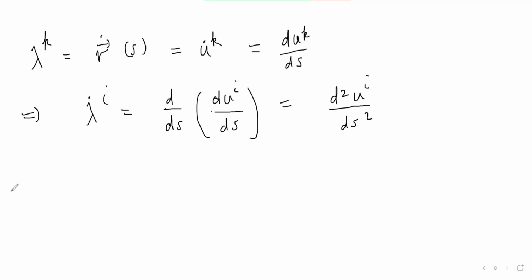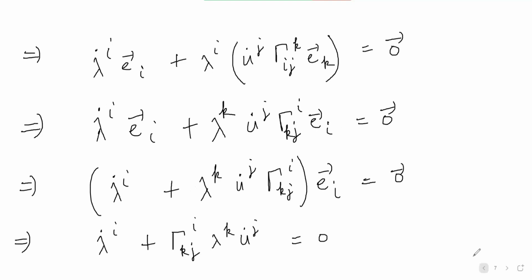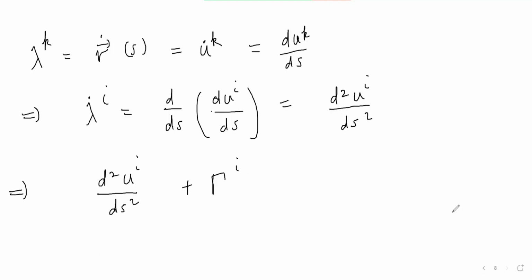In place of lambda dot I, we put d squared ui with respect to s squared, and then plus Christoffel symbol I kj, substituting what we have above, duk ds, multiplied by duj ds.